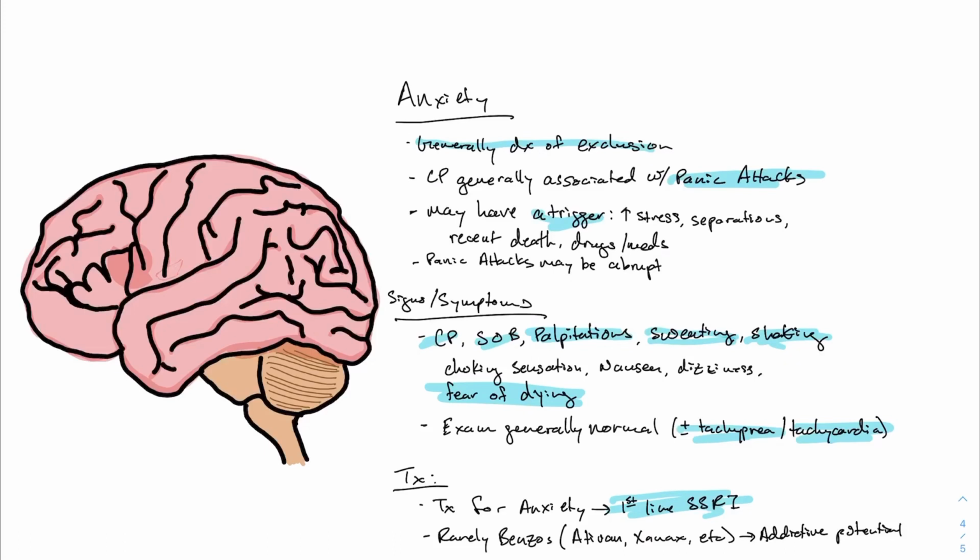The quick fix that I was talking about for anxiety and panic attacks are your benzodiazepines. So medications like Ativan, Xanax, all of those are going to make you feel a lot better, a lot more quickly, but over time they can be very addictive. And so we try to avoid that as much as possible.